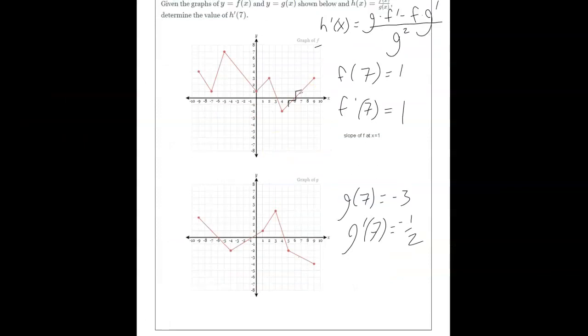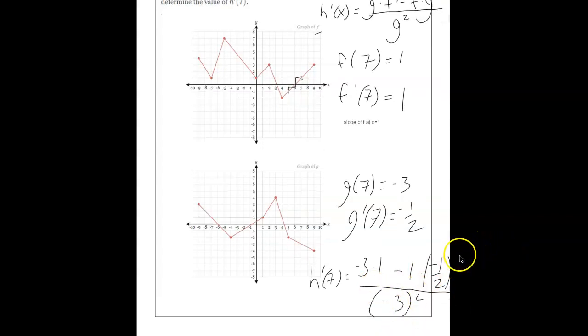And then I'm just going to use this formula here, but with the values that I just picked. So h prime of 7 equals, if I write it exactly how I wrote it before, negative 3 times 1, so that's g times f prime, minus 1 times negative 1/2, so that's f times g prime, all over negative 3 squared.